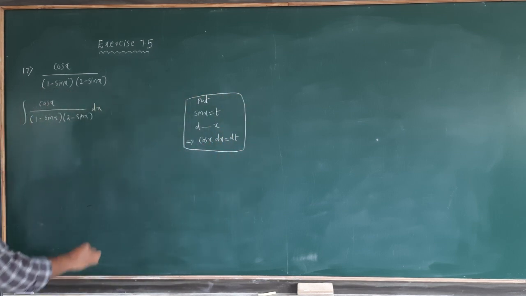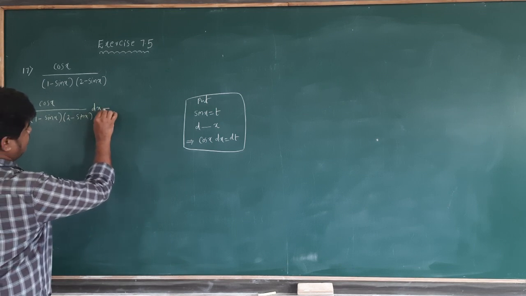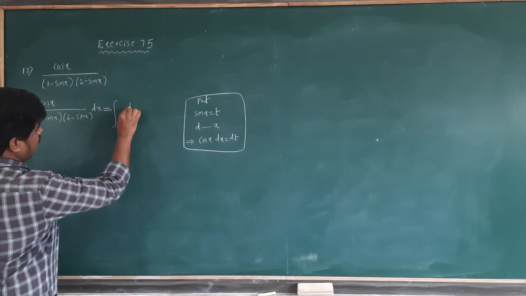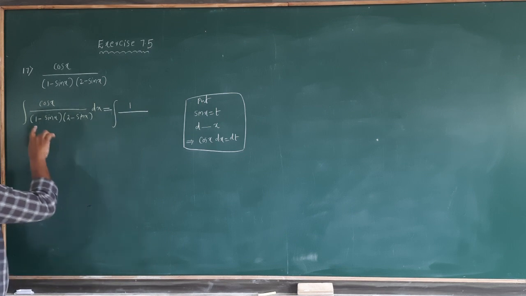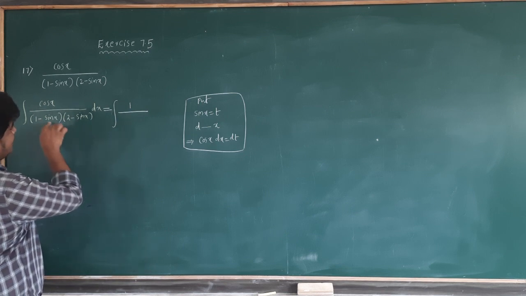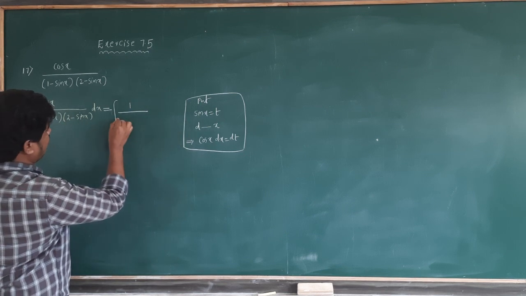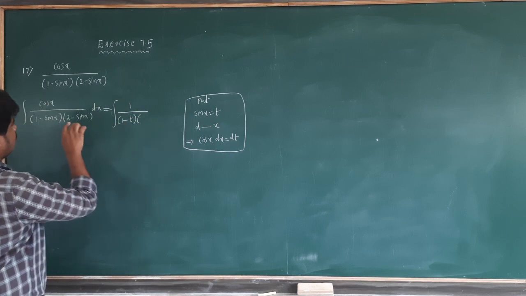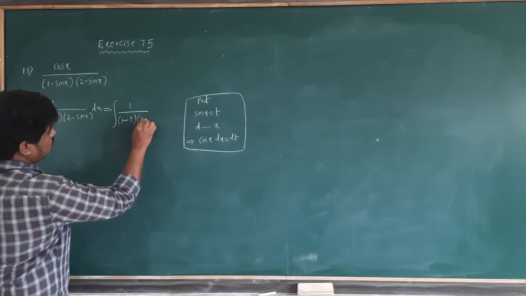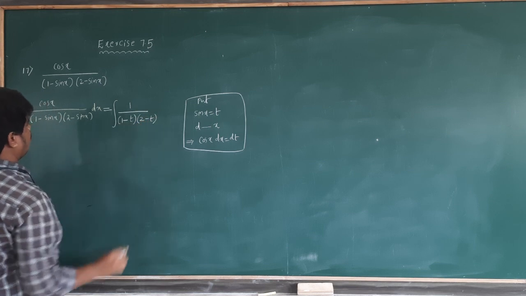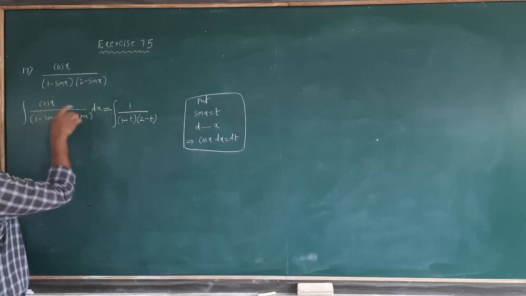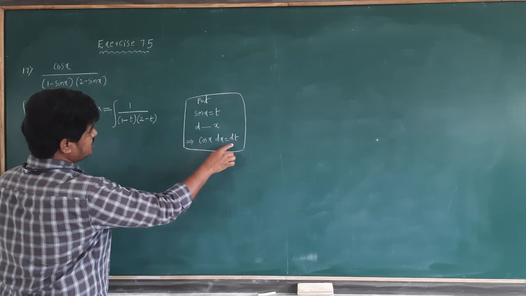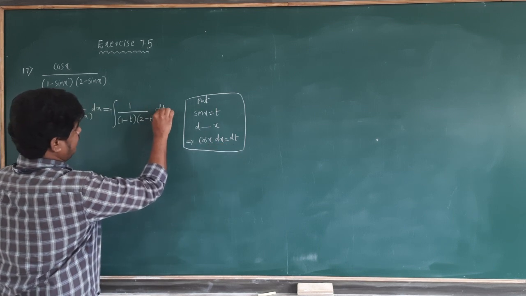So this one will be written like this: integral of 1 divided by 1 minus sin x. 1 minus sin x means that is 1 minus t. 1 minus t into 2 minus sin x means 2 minus t. 2 minus t. Cos x dx means that is dt.